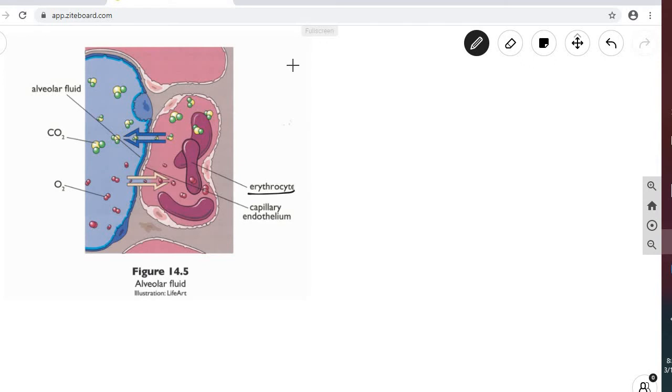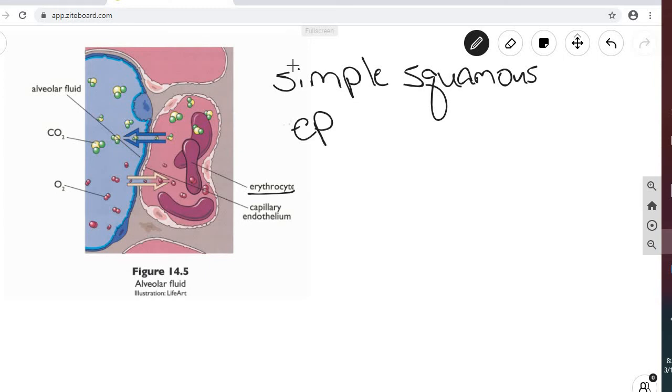The alveoli are lined with simple squamous epithelial tissue. I know it's been a long time since we did tissue, but you might remember that simple squamous epithelial tissue is kind of flat and very, very thin.